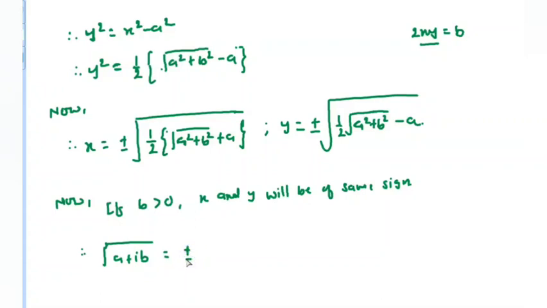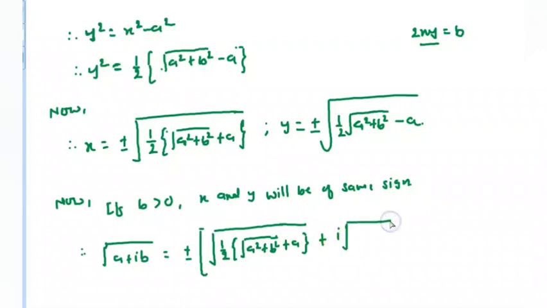Square root of a plus ib is equal to x plus iy, and the value of x is what we have written here, plus or minus, square root of half into square root of a square plus b square plus a, plus i into the value of y, which is square root of half into square root of a square plus b square minus a.